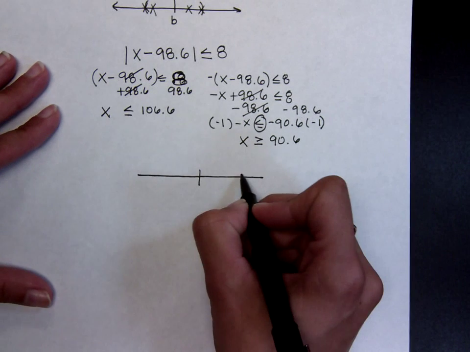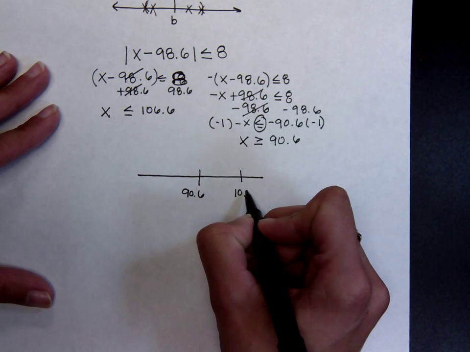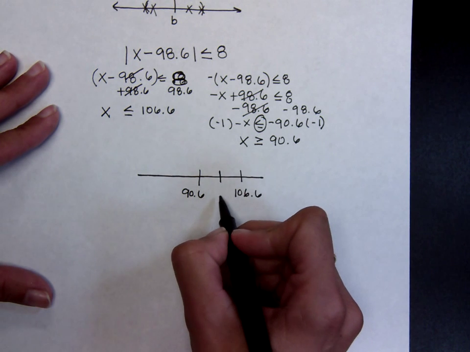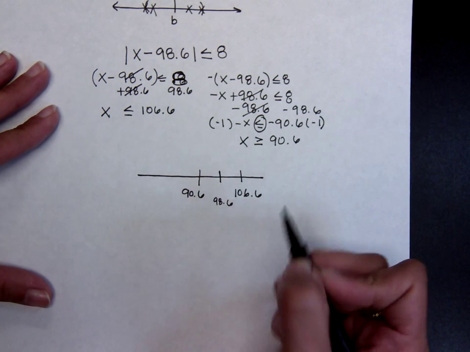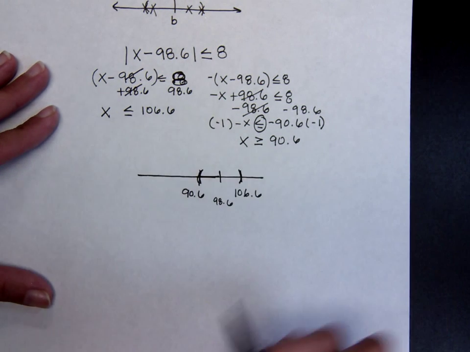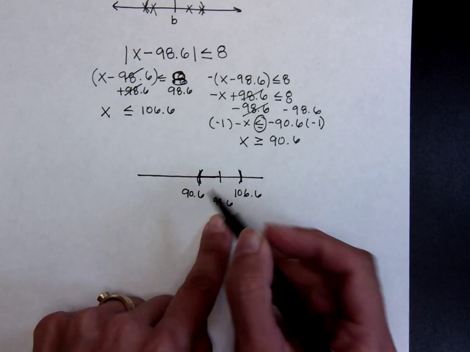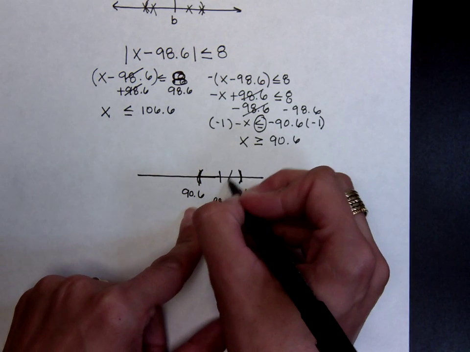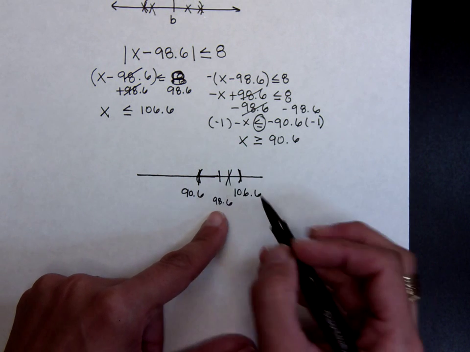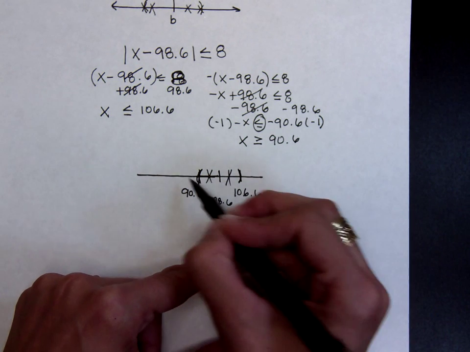So that becomes 90.6. So when we graph that on a number line, let's put 90.6 down here and 106.6 here, right? And our body temperature is 98.6. Well, is that 8 degrees? Is that our tolerance level? Yeah, it is. This is 8 degrees more than 98.6, and this is 8 degrees less. Well, we could have a temperature of 100, and it's within that range. Or we could have a temperature of 96, and it's within that range.